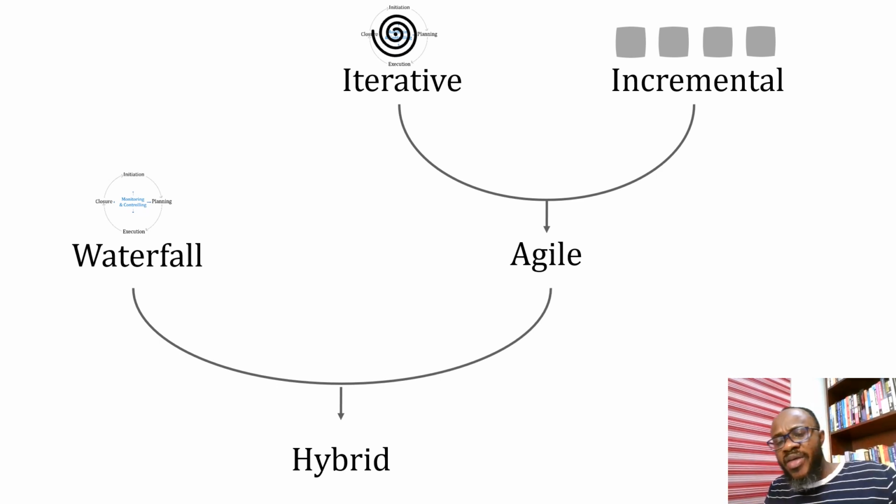Now let's look at this other life cycle called the incremental life cycle. Now the philosophy of the incremental life cycle is very simple. Instead of creating the deliverable at the end of the project, we don't have the luxury of time to wait for that length of time.